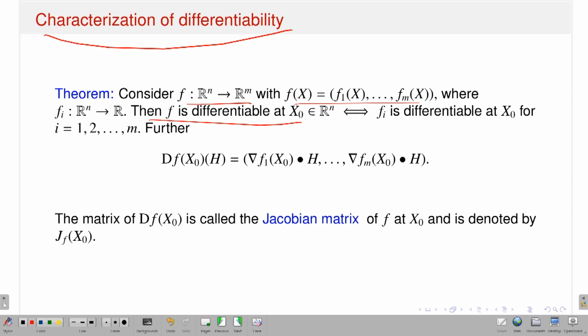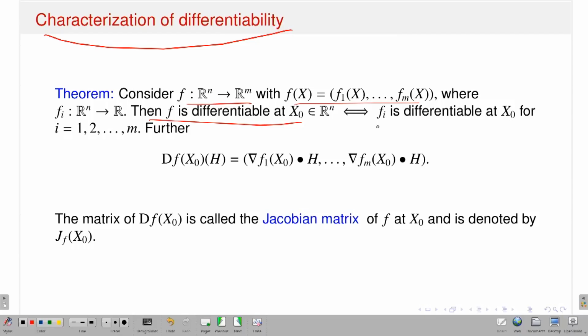Just now I discussed, that means the limit as h approaches 0 of the Rm norm of f of x naught plus h minus f of x naught minus the linear transformation acting on h, divided by the Rn norm of h, goes to 0. If this is the case, then each component function fi is differentiable, which I already discussed for real valued functions with vector variable, and vice versa. That means if the total derivatives of all the component functions exist at the point, then my function is differentiable.